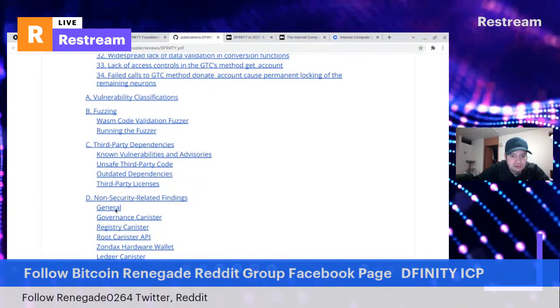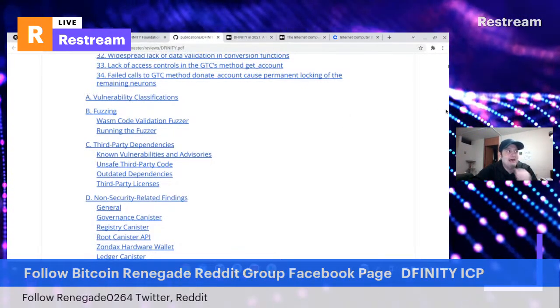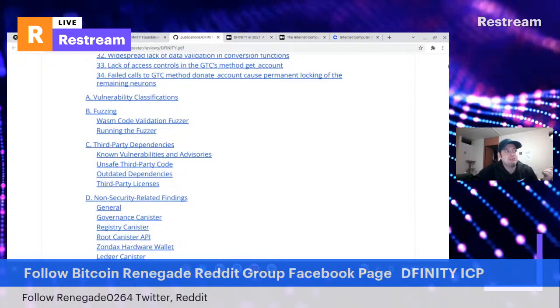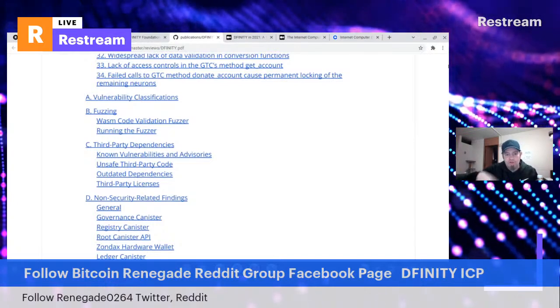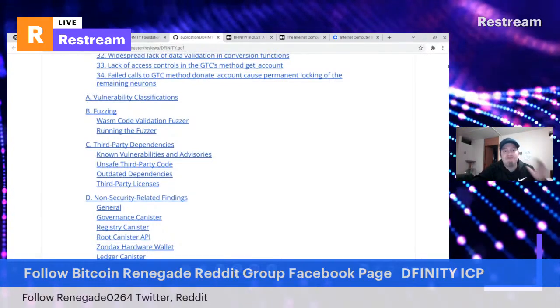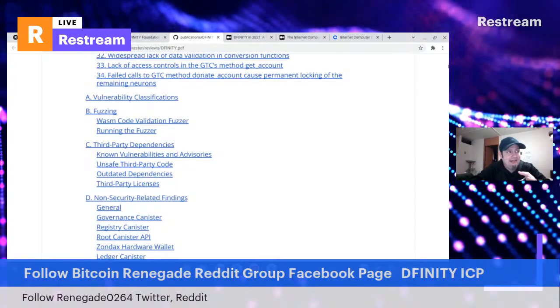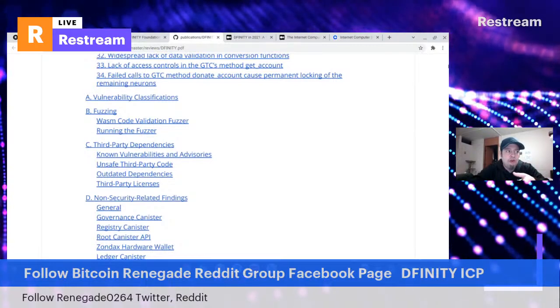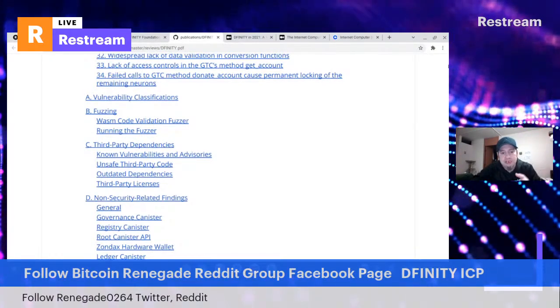Non-security related findings, general governance canister, register canister, and it's basically just, what do they call these? In taxes you would call it an audit, or maybe even on here you would call it an audit. So what they're doing is they're going and making sure that there's no vulnerabilities in the system, and this is very, very crucial for the future, because if something happens and there's a double spend, or there's a security hack and people lose lots of money, cryptos get destroyed that way.